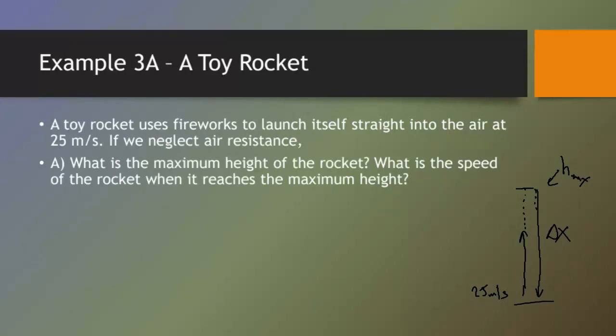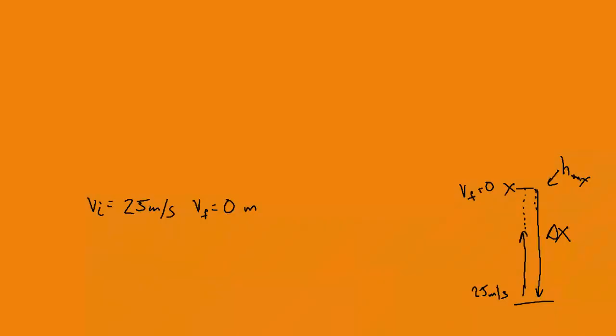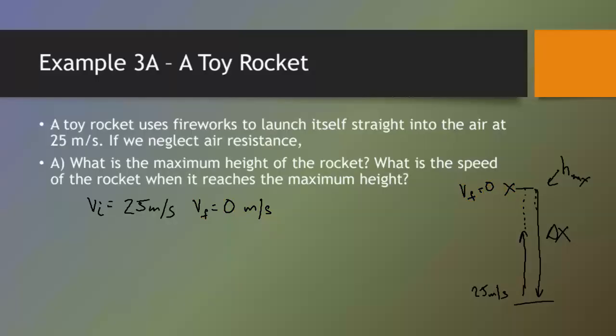So we know that the initial velocity is 25 meters per second. When it reaches the top here and stops and turns around, anytime something stops, the velocity is 0. And so the final velocity here at the top of its motion, so halfway through its entire motion, is 0, and we know the acceleration.